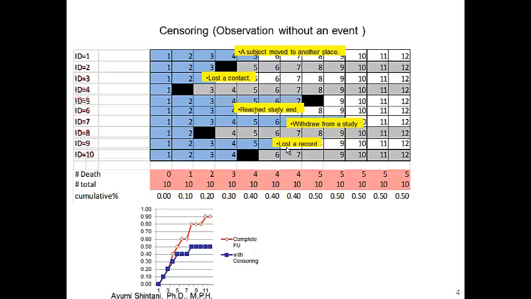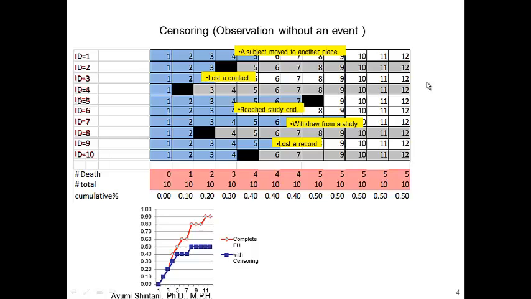In such a case, what happens if we simply count the number of patients who have events up to each day, and we get this blue line? Since we don't really know what happened to the patients who were censored in the middle of the study, we miscount events among censored patients, resulting in underestimation of risk.